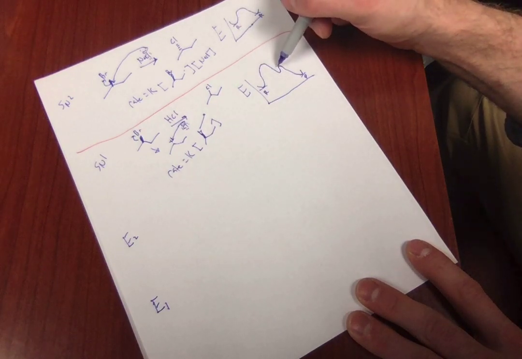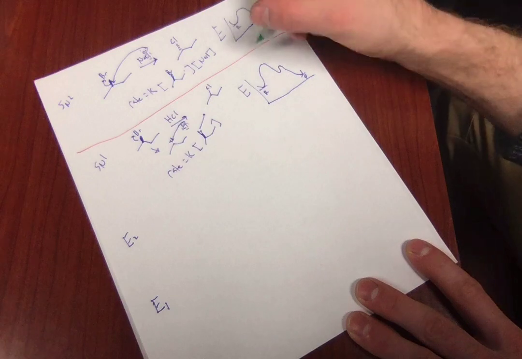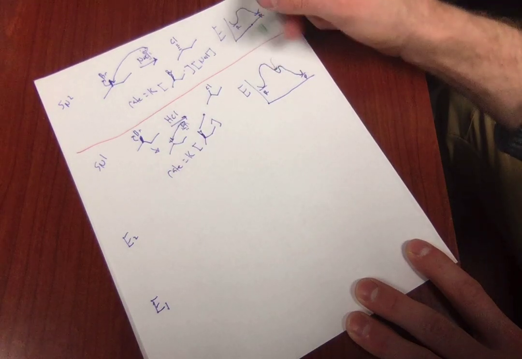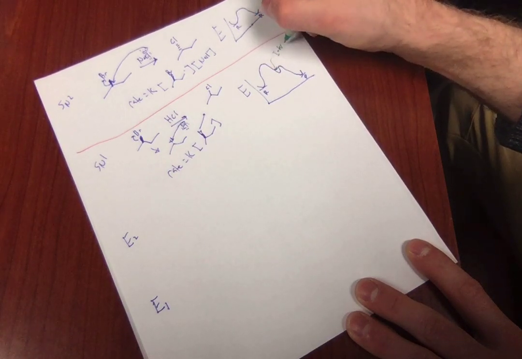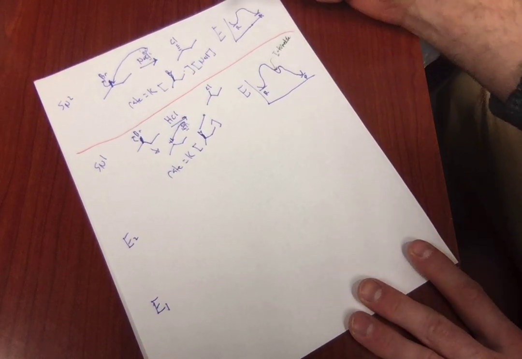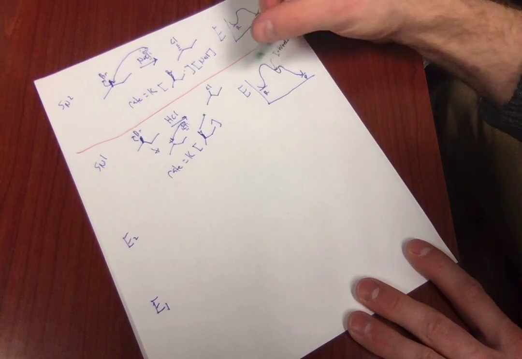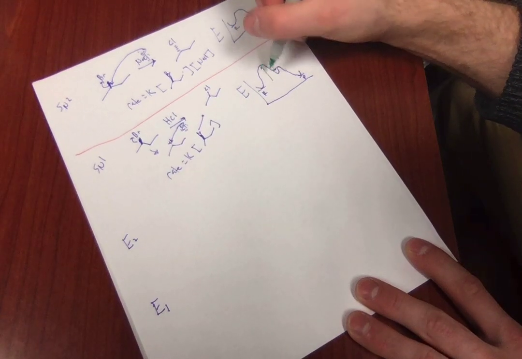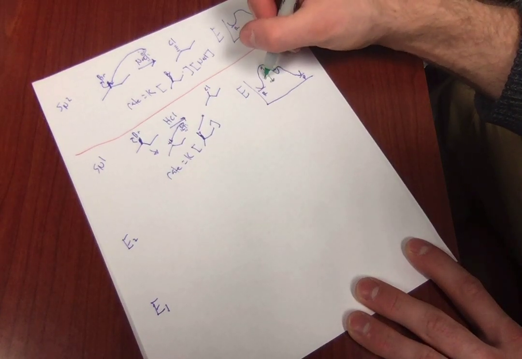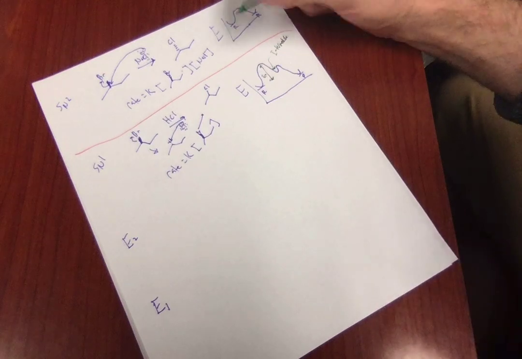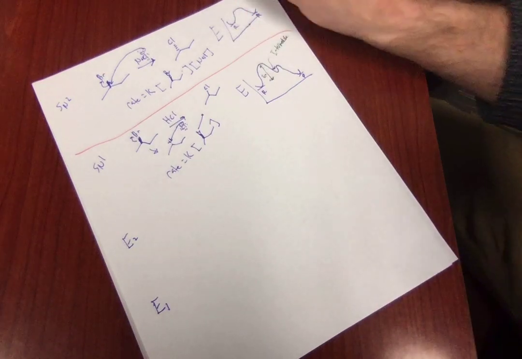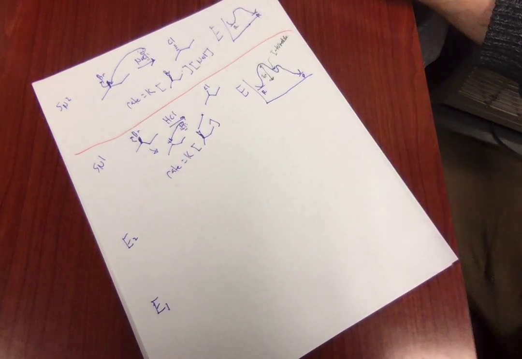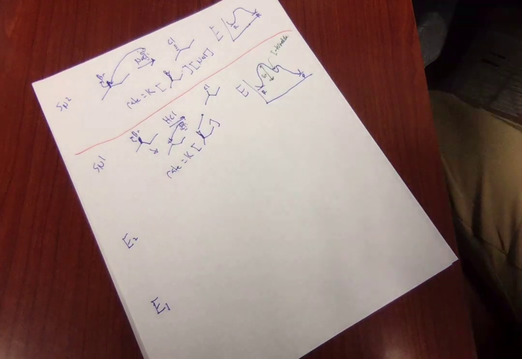So this would be our intermediate from our reaction. Largest energy barrier is going to be rate limiting, so this is our EA. This is our rate limiting step here, using red. Okay.